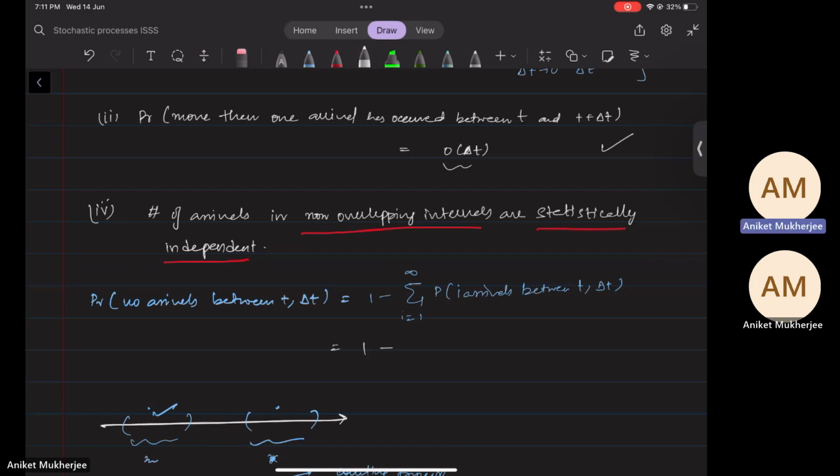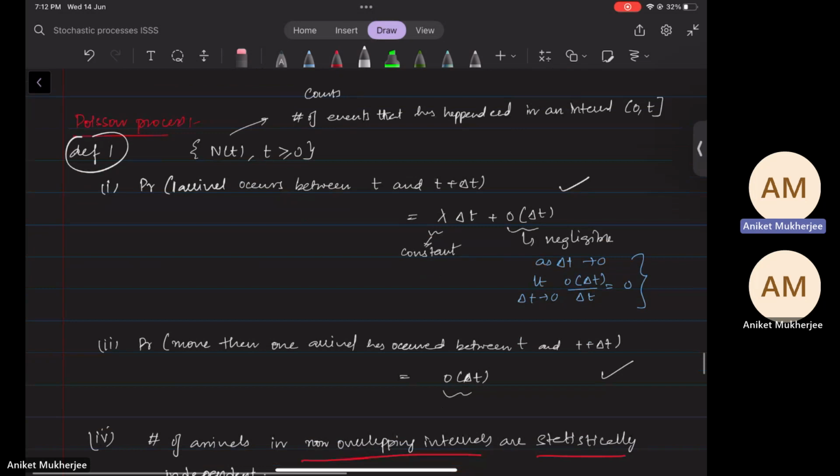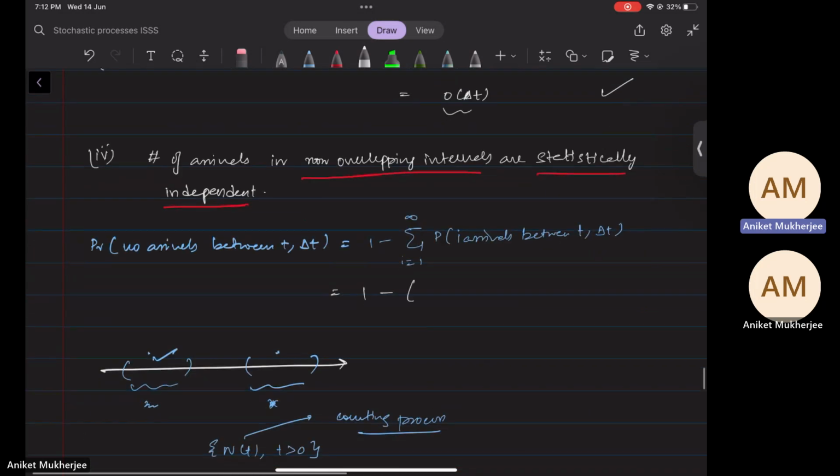So I get 1 minus, for one arrival, I know it's lambda delta t plus order of delta t. The remaining are all order of delta t, because they are more than one arrival.